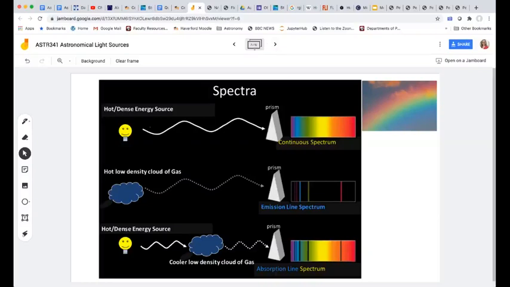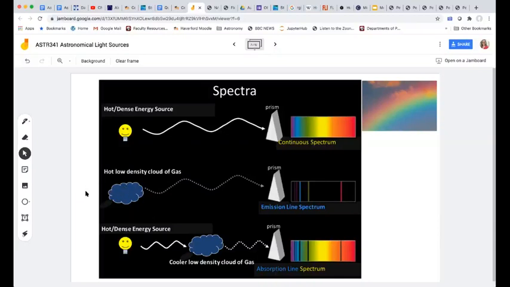It's very broad, smooth, this sort of continuous spectrum, like the rainbow that you see from the sun. If your hot, dense energy source is illuminating a low density cloud of gas, but you're not looking through the gas cloud at the hot thing, it's just illuminating it, and you're looking at it off to the side, this will have been heated up and then will emit.